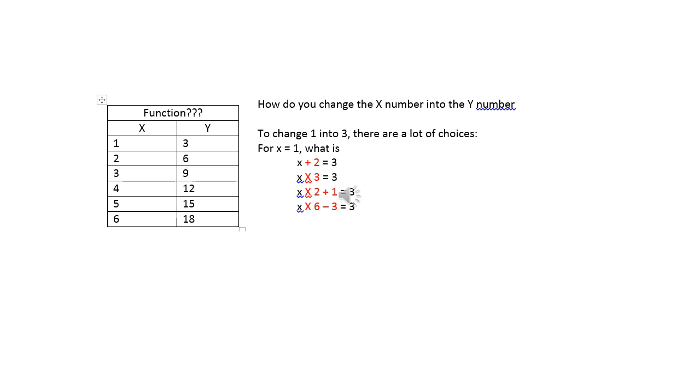So with x, the input being 1, we could do x plus 2 equals 3, x times 3 equals 3, x times 2 plus 1 equals 3, and we could go all the way up to something as complicated as x times 6 minus 3 equals 3. What I would do is write down a few fairly easy ones with low multiplying first, and then you go to the next step.